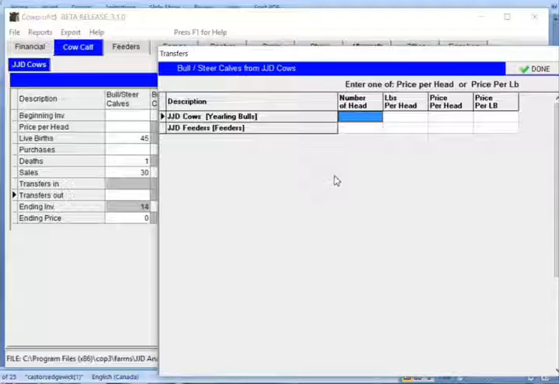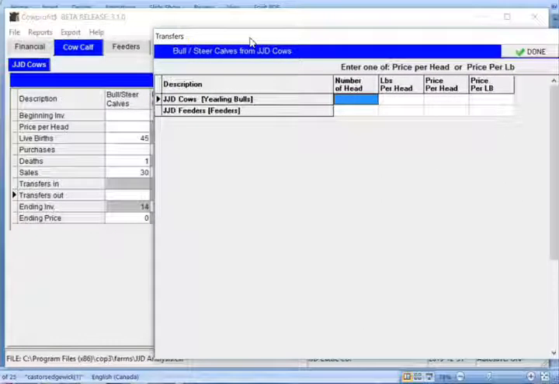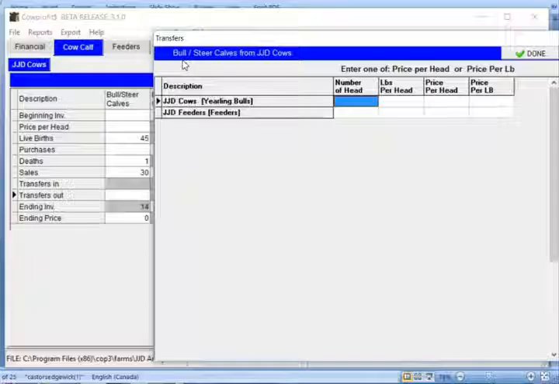And now these are bull calves. So it's described up here, bull or steer calves from cows to yearling bulls or to feeders.